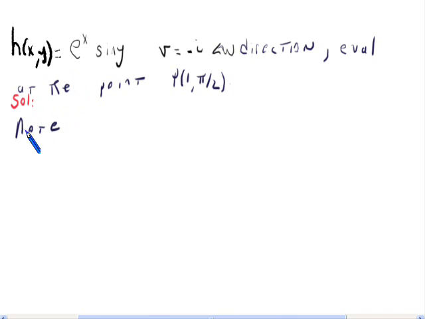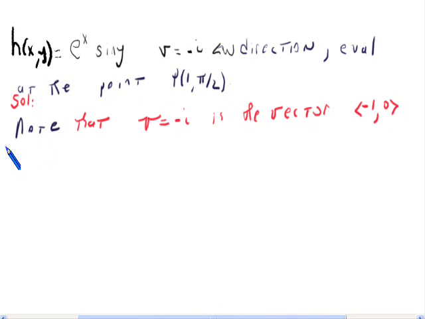Note that v equals negative i is the vector negative 1, 0.